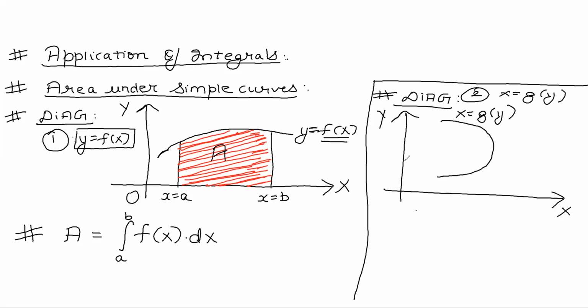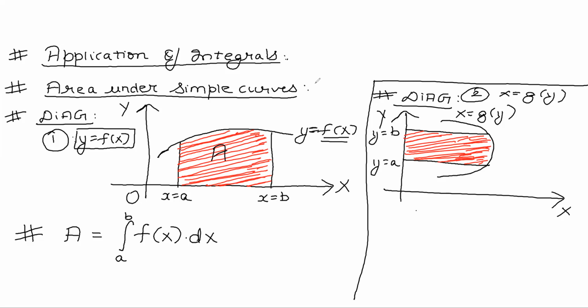Suppose this is the line y equal to a and this is the line y equal to b. Suppose we need to find this area, the red shaded area on the right hand side of the diagram. This is the area under the curve g of y as y goes from a to b.